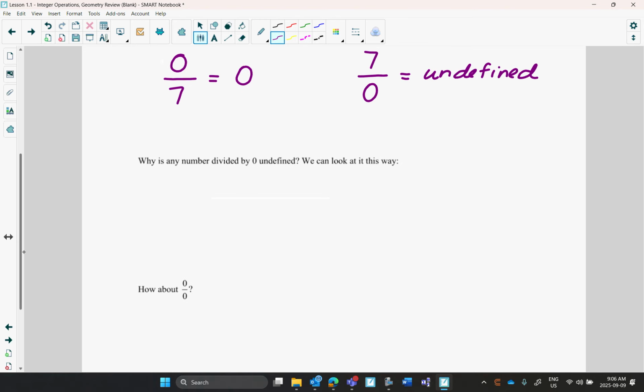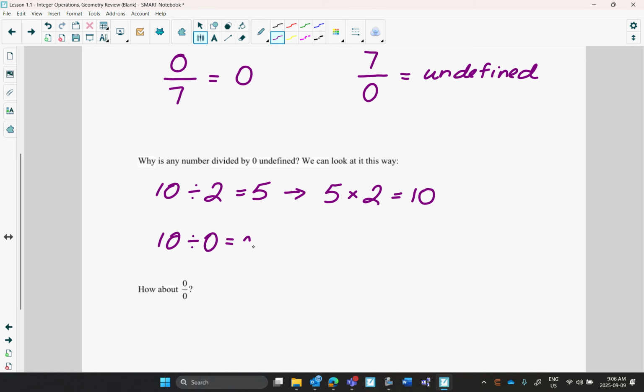Think of it this way. If I divided 10 divided by 2, what do I get? 5. If I work in the reverse order, doesn't that mean that 5 times 2 must equal 10? Right? What if I did 10 divided by 0? And I'm looking for the answer, so I'm going to call it X. I don't know what the answer is. Doesn't that mean, following this, that my missing number that I'm trying to find times 0 must equal 10?